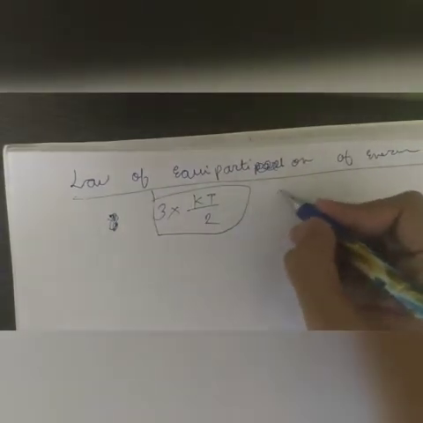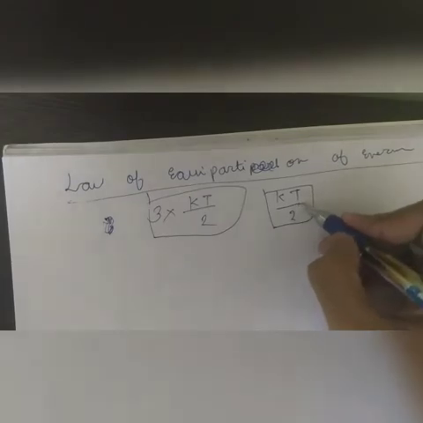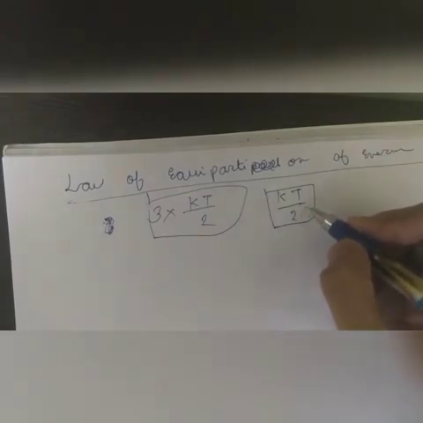So kT by 2 is the energy associated with each independent term.